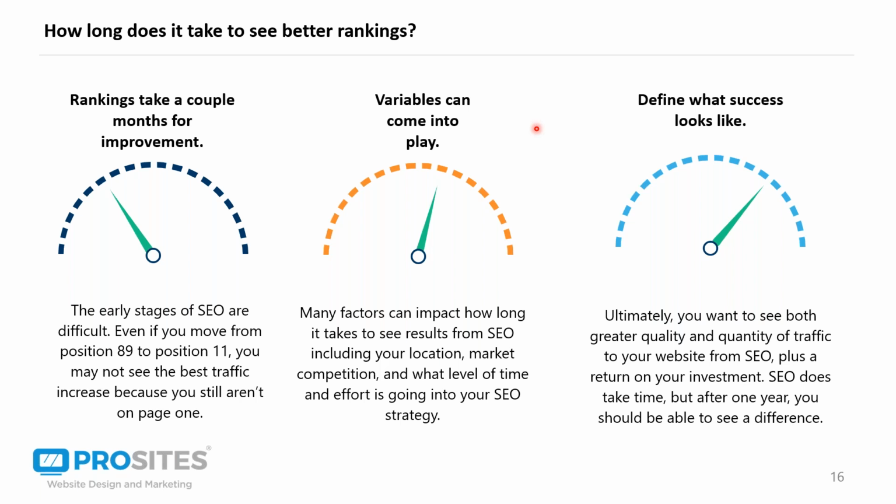And then ultimately, what you should be looking at in terms of success is whether the quality and quantity of traffic to your site are improving over time. So it's very important to keep track of where you are starting. You can do that by taking a snapshot of metrics that are important to SEO. Those would be things like impressions, average position, click-through rate, and something called organic traffic.